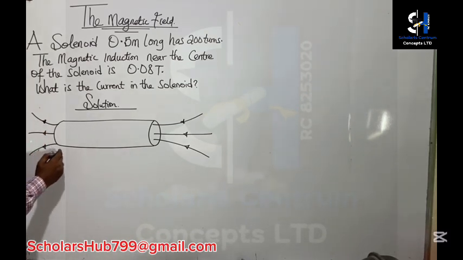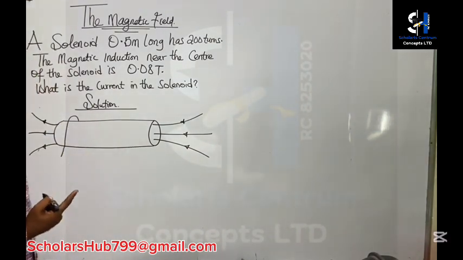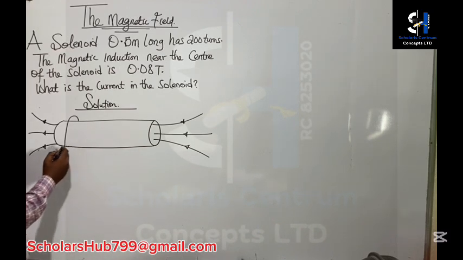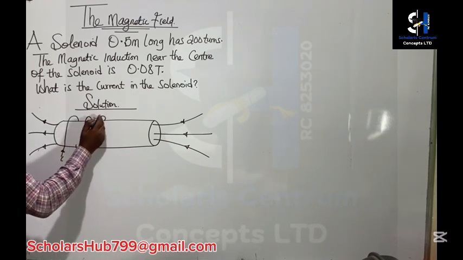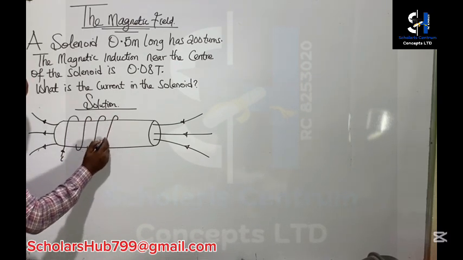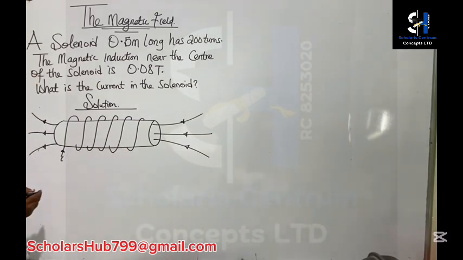This is the wire wound around the coil. The current entering the coil is I. So this is what a solenoid looks like.